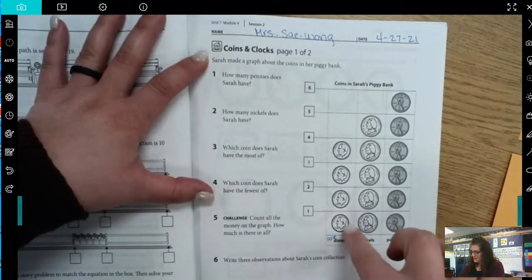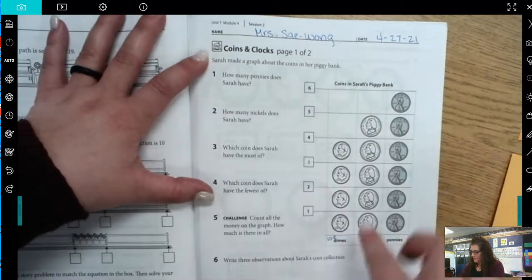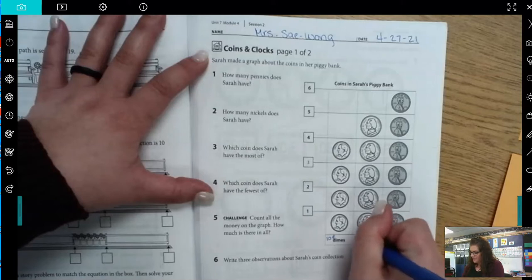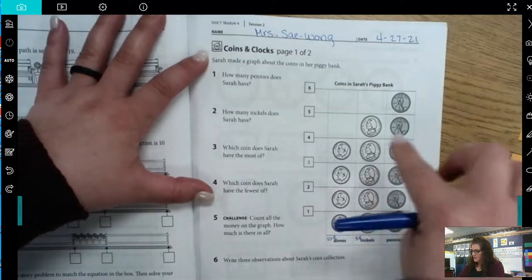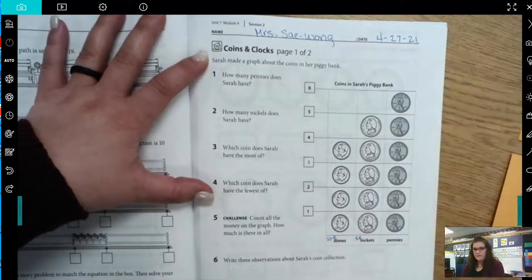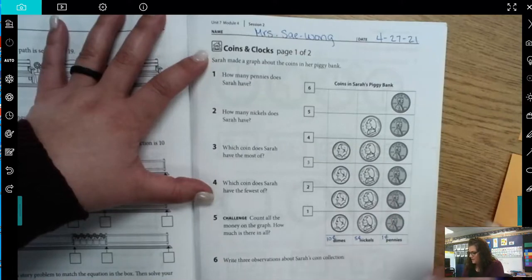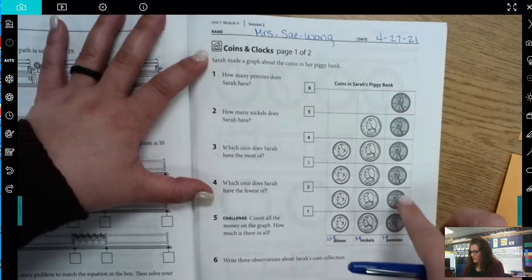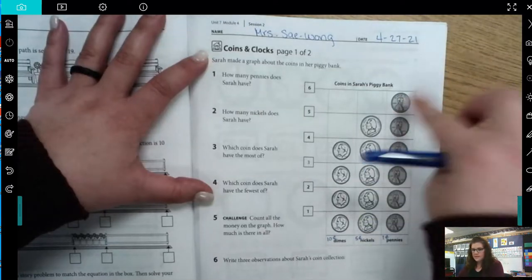So let's count by tens. 10, 20, 30, 40. Our nickels are worth 5 cents. So let's count by fives. 5, 10, 15, 20, 25. And our pennies are worth 1 cent. So let's count by ones. 1, 2, 3, 4, 5, 6.